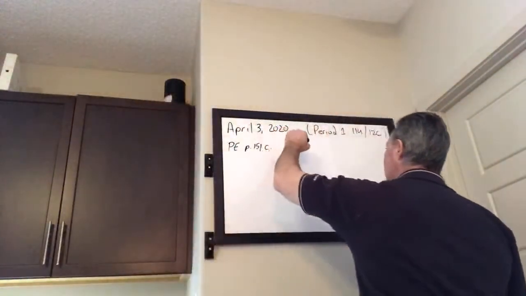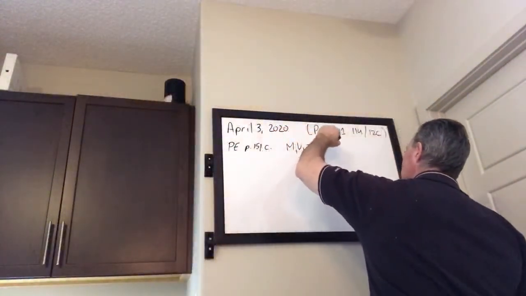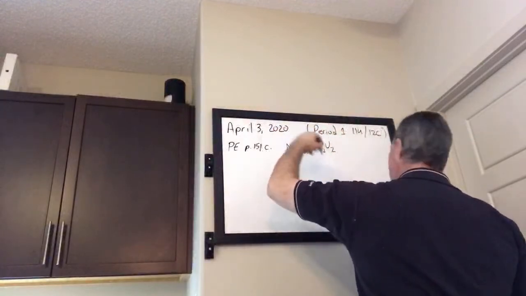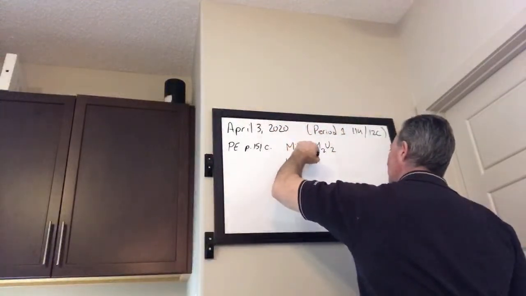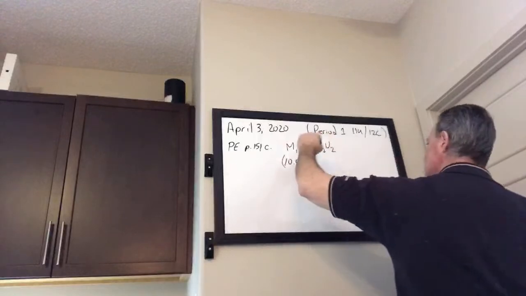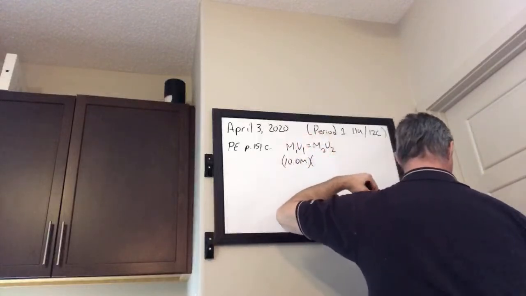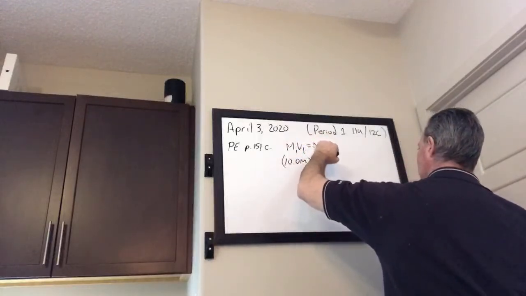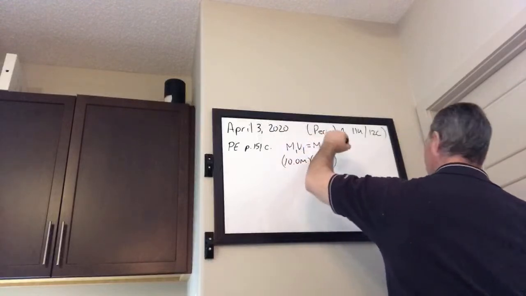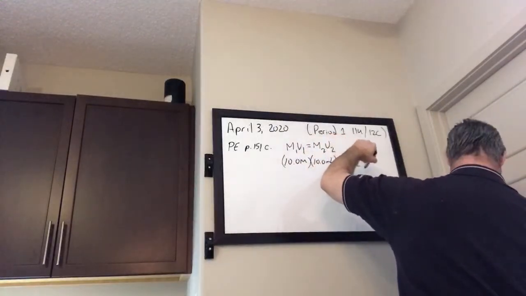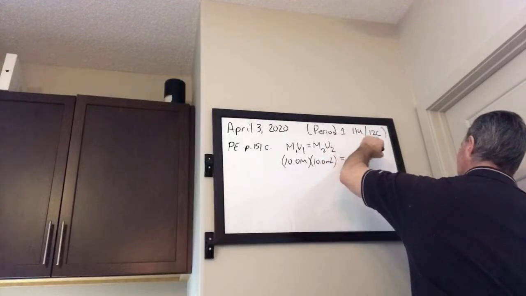All right, so we're going to get M1V1 equals M2V2. So 10.0 molar times 10 mL equals M2 times 250 mL.